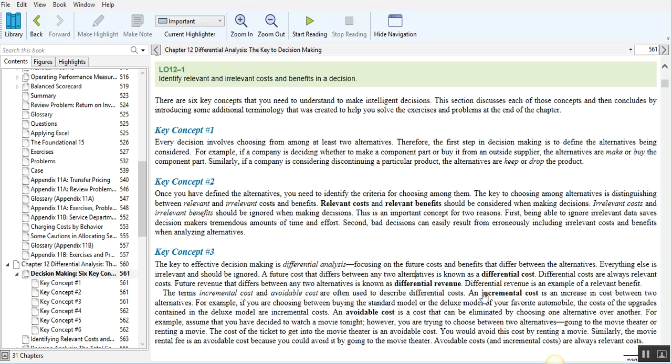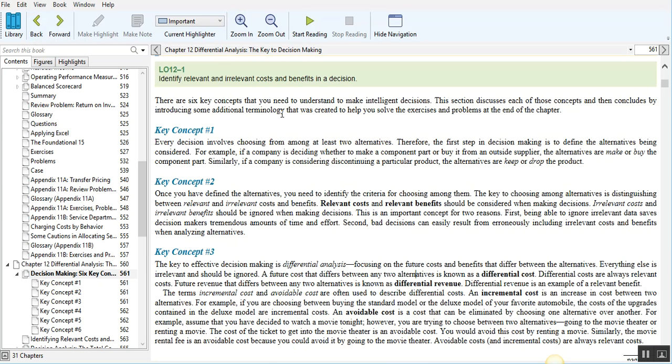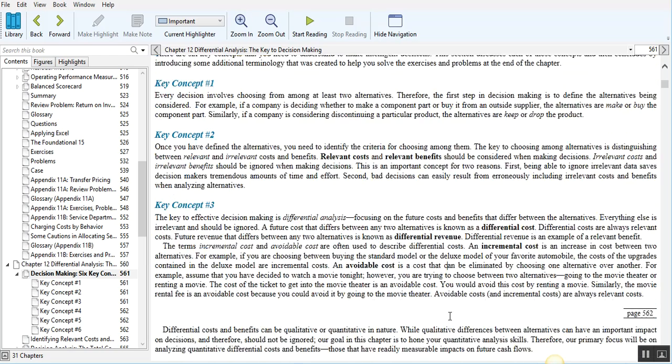Incremental cost and revenue is anything that changes with the change in the volume of what we're doing. So if we bump up production by 1,000 units, the difference between that increased production and what we had originally is incremental cost and incremental revenue. Avoidable cost is going to be anything that we can eliminate in terms of what we're doing. If we have a cost in the operation that is avoidable, it's a cost that we can eliminate if we choose one alternative over another.